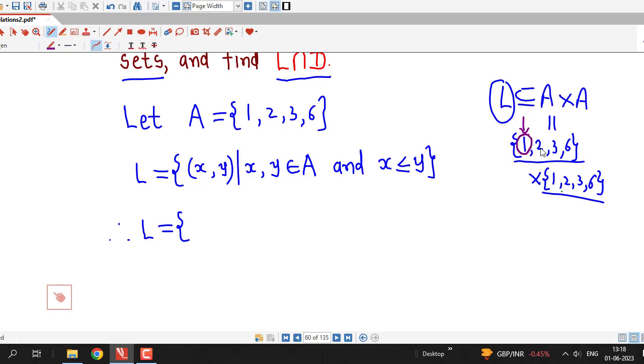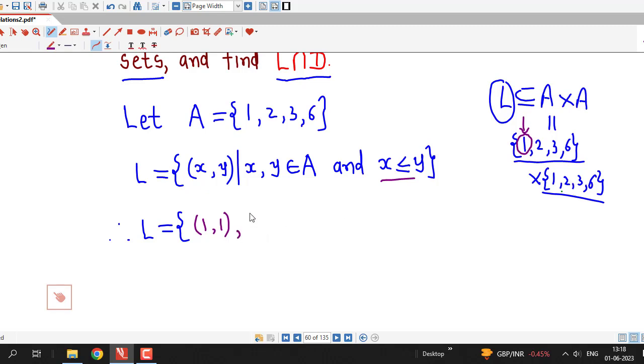We fix the first component 1 and we vary the second component over 1, 2, 3 and 6. So the first ordered pair is (1, 1), and we know that 1 is equal to 1, so this condition is satisfied. So we write (1, 1), then (1, 2).